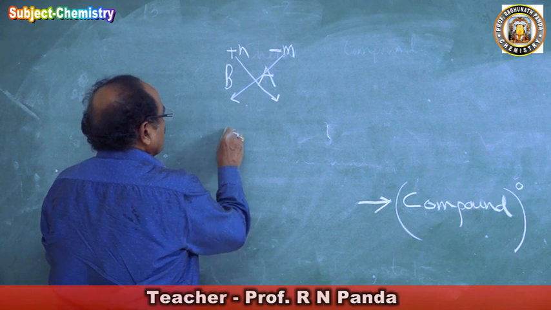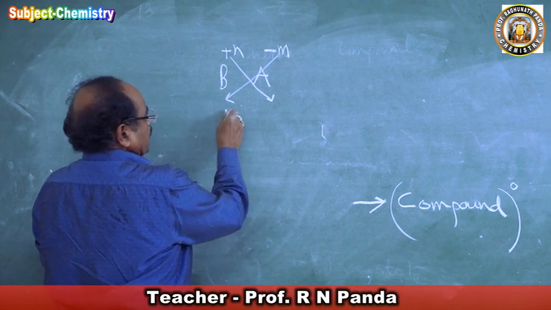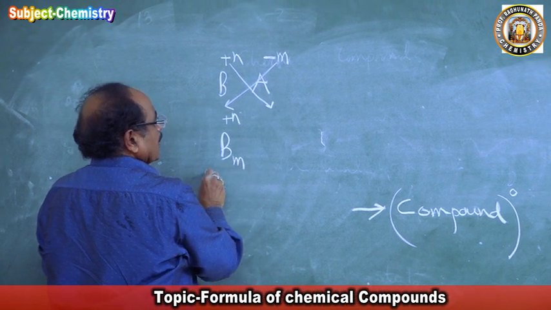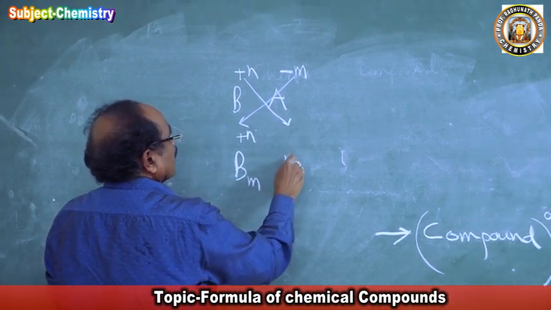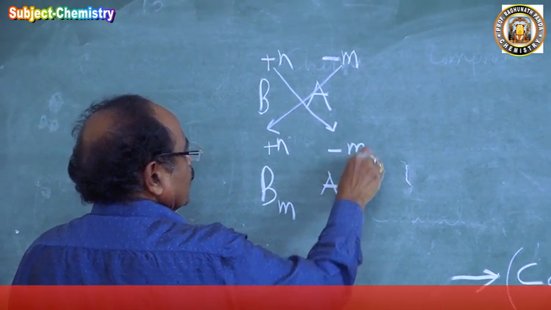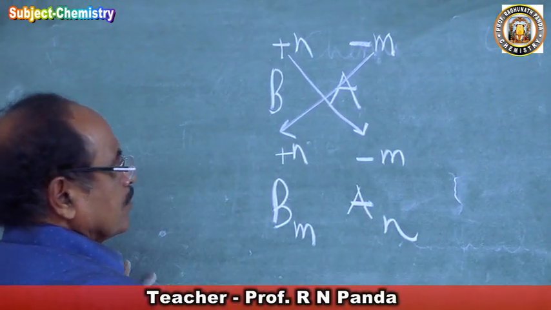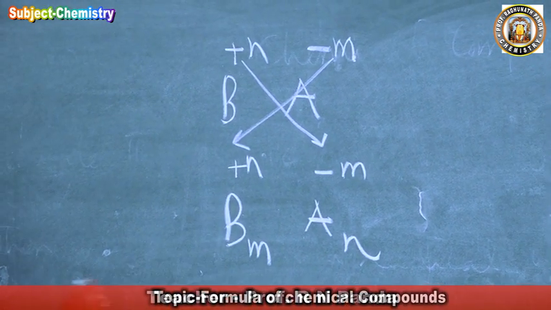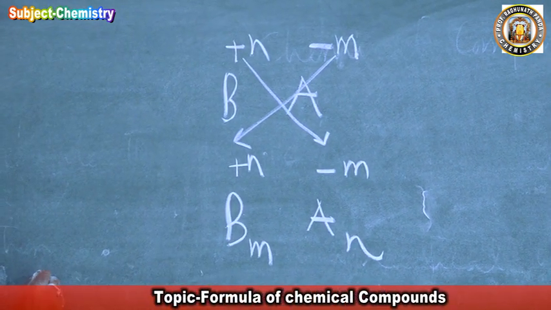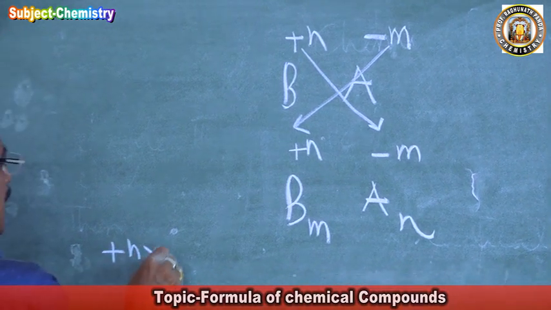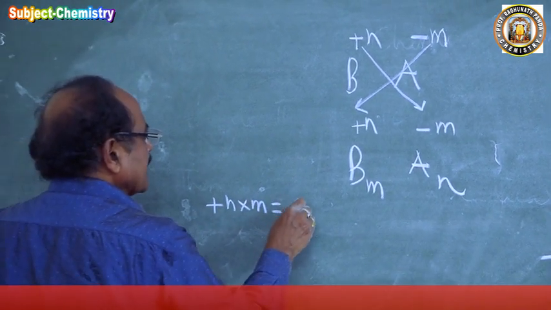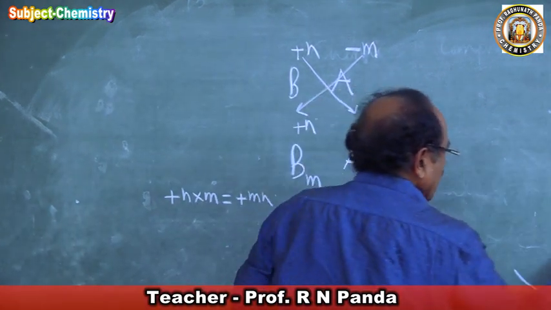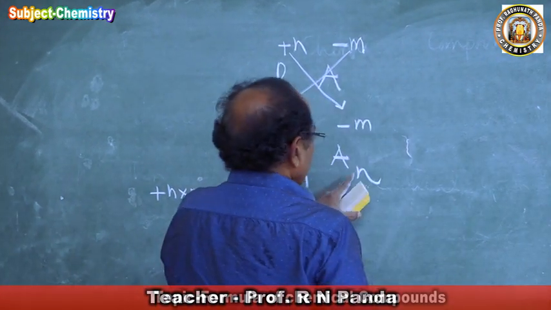This will be B^N+ you have. Who came here? M. And it is A^M-. Who came here? N. So what is the total charge on B? Total charge on B will be plus N into M, it is plus Mn, and total charge on A will be how much?